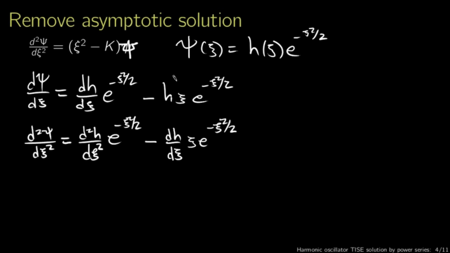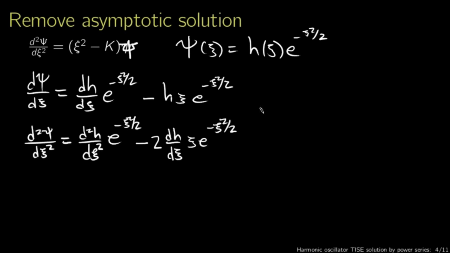And if we continue taking derivatives, we need to differentiate the second term. We have a product now of 3 terms, so we'll get 3 additional terms here, but we already know what one of those terms looks like. If the derivative hits the h, we'll get a first derivative of h and a xi and an e to the minus xi squared over 2 left untouched, which is coming in with a minus sign. And that's exactly what we've got here. So I'm just going to say minus 2 times this term.